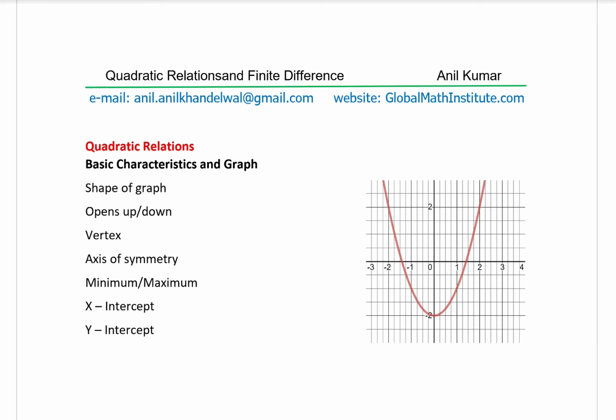Well, we could have a quadratic relation where the parabola may not be starting from the origin, meaning the vertex may be displaced. So these are your transformed parabolas, or we can say transformed relations.